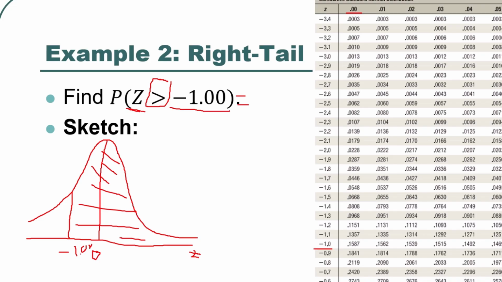So the intersection of that column and the row that has a header of -1.0 is the left tail. So that left tail has an area, or a probability, of 0.1587.